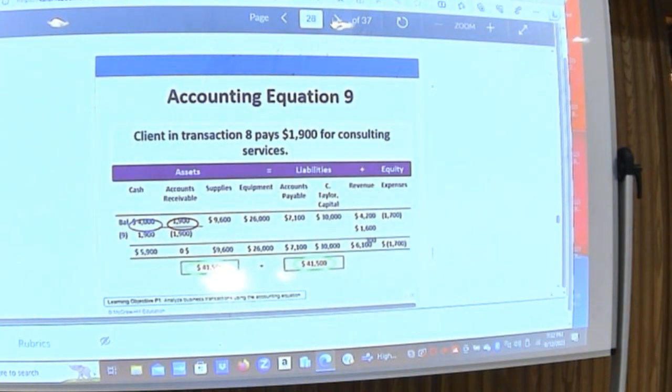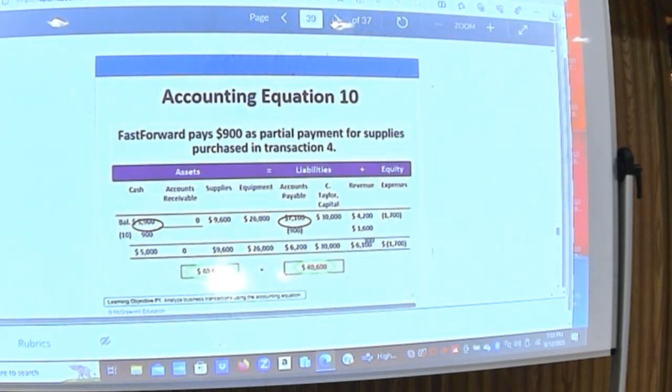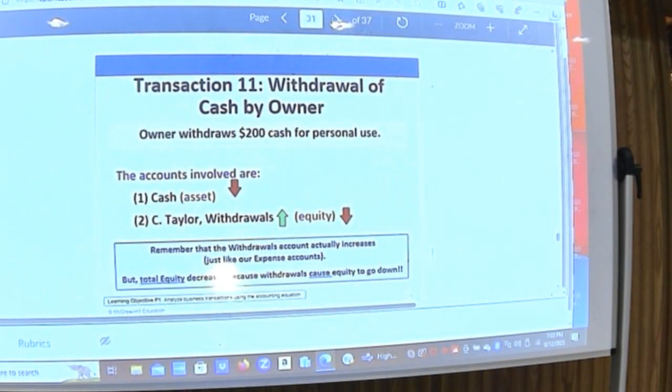And here's just a restatement of that. Accounts payable, we're going to pay off $900 for those supplies that we purchased back in transaction 4. Cash goes down, but so does the liability, accounts payable. Number 30 shows the transaction there.